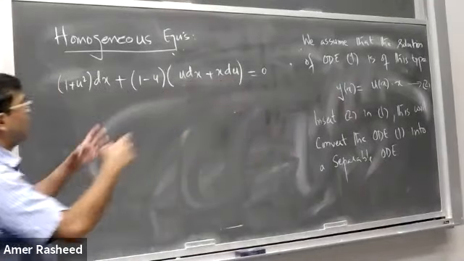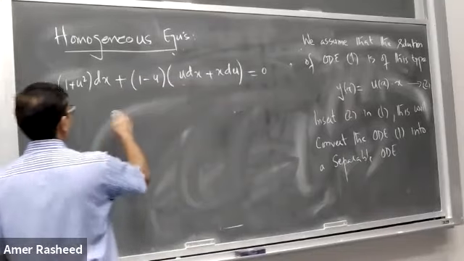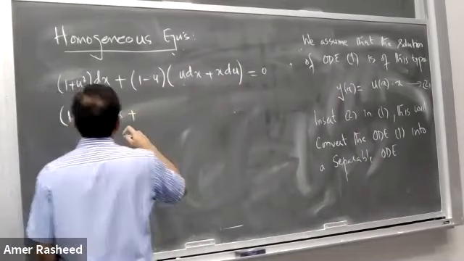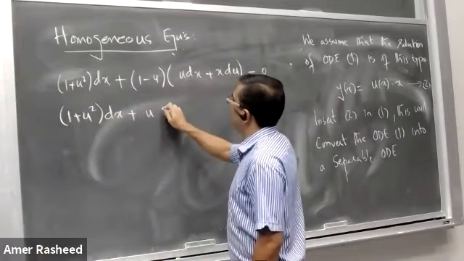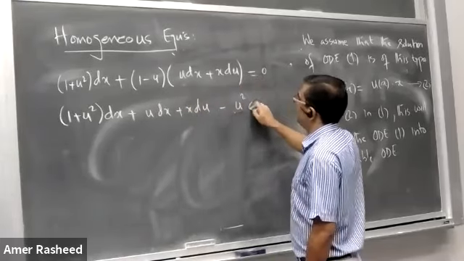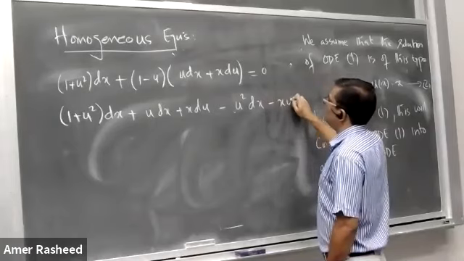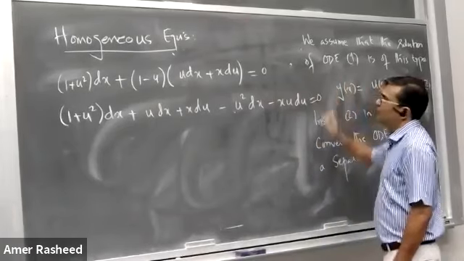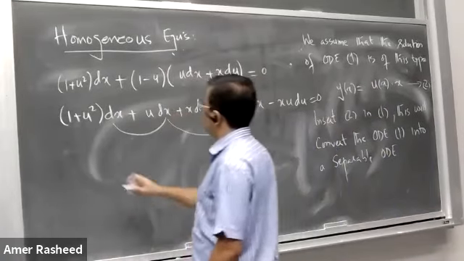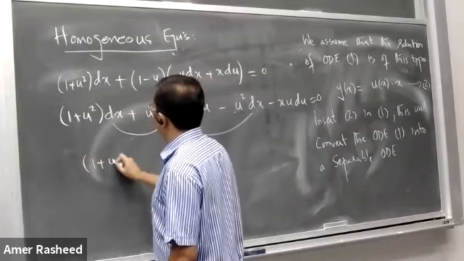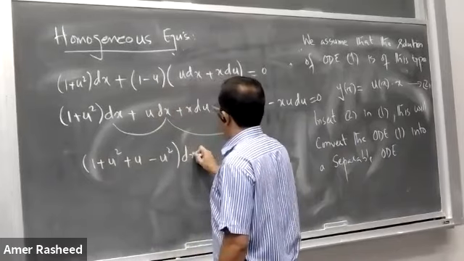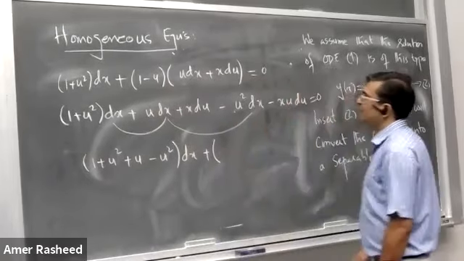Now we try to separate the variables here. For the time being, we write it in the same way, and this will give us u dx plus x du minus u squared dx minus xu du equal to 0. Now you combine the terms with dx: it is (1 plus u squared plus u minus u squared) dx, and then you combine the terms with du.